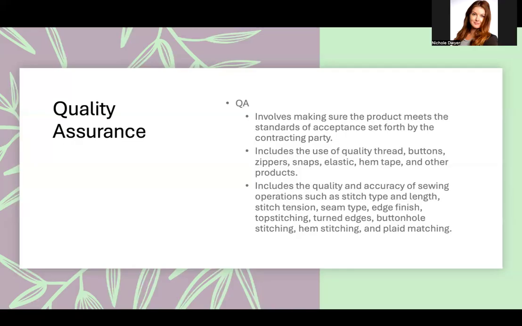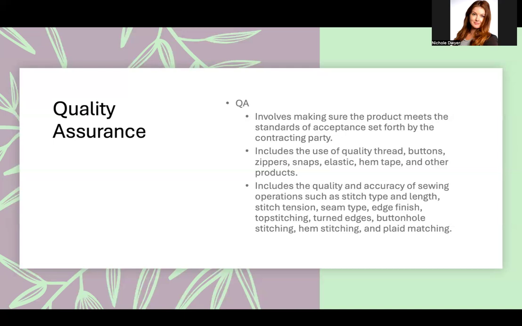So when we think about quality assurance, we're talking really about the quality of the garment, the fit of the garment, the ease of the garment, the quality of sewing and construction. This can include the stitch type, length, the tension of the stitch, the seam. Is there top stitching?